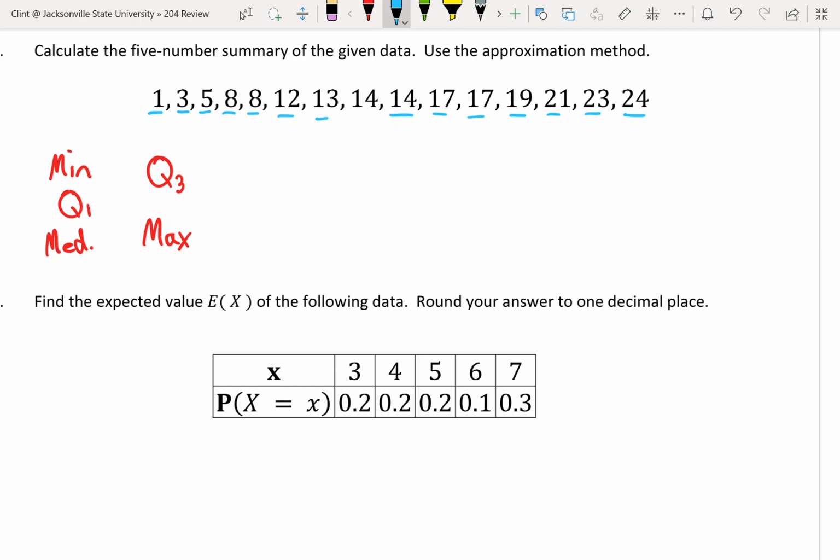So we got one number in the middle. Let me double check. Yeah. And what I'm doing, double checking, is I'm counting how many I've marked off on each side. It should be the same. So I've got one number in the middle, 14. That's the median.